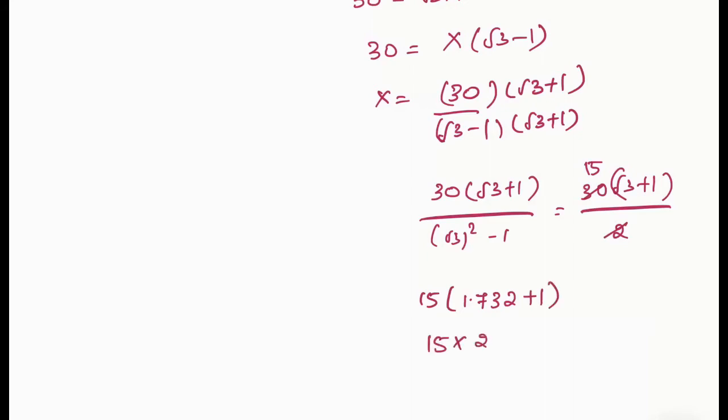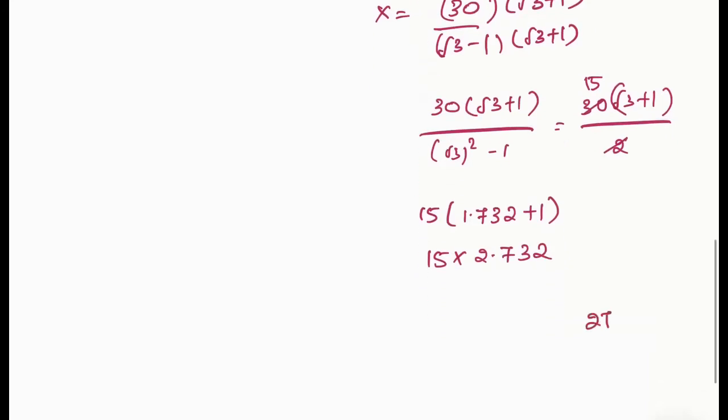So 15 into 2.732. Let's multiply 2732 into 15. So what do we get? 5 3s are 15 plus 1, 16. 5 7s are 35 plus 1, 36. 5 2s are 10 plus 3, 13.